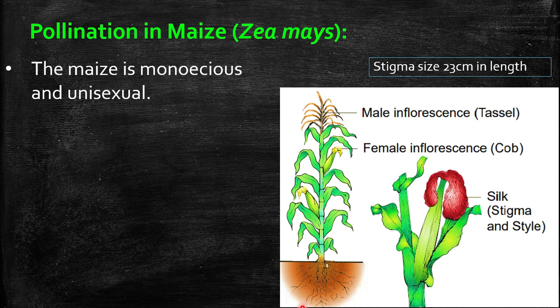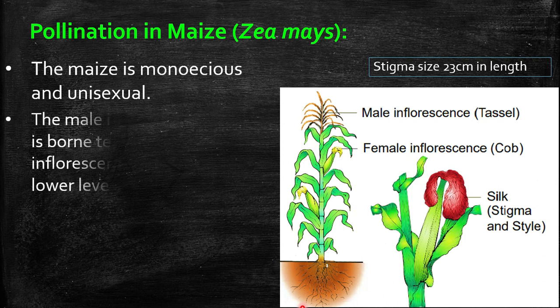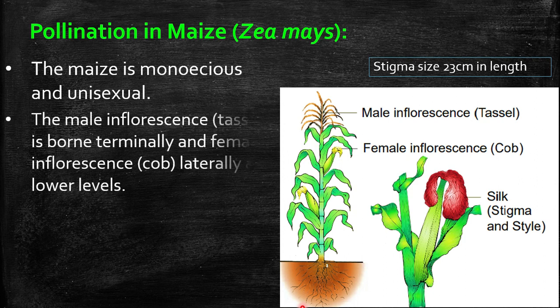Both male and female organs are present in the same plant, but each flower carries only one gender, either male or female. The male inflorescence, called tassel, is borne terminally, and the female inflorescence, called cob, is lateral at the lower level.